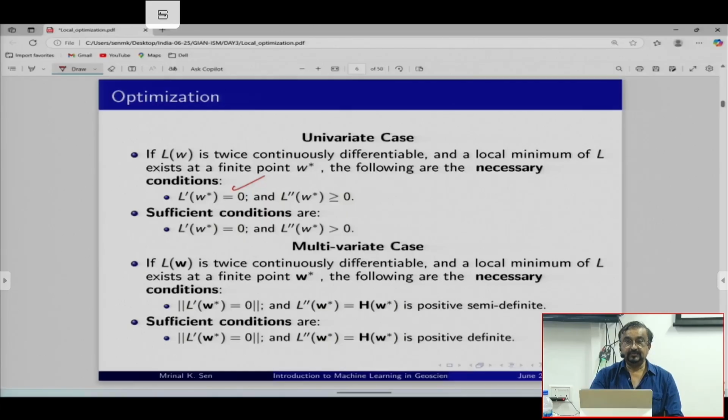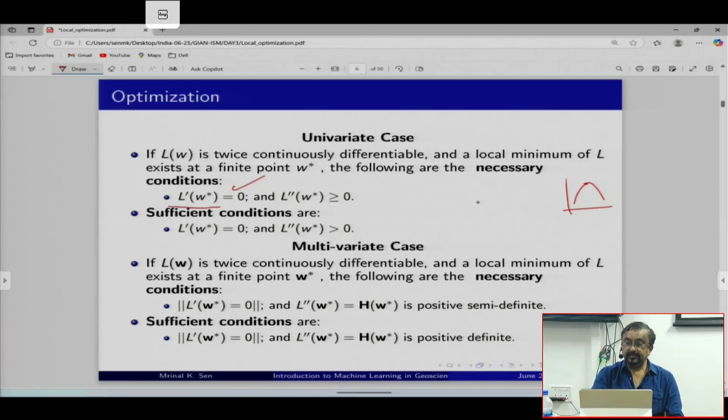But then you also have to look at the curvature, or second derivative. If the gradient here is 0, and in this curve the gradient here is also 0, this could be a minimum or a maximum. So you have to look at the curvature, which is given by the second derivative. So the necessary condition is that L'(m) is equal to 0 and L''(m) is greater than or equal to 0.